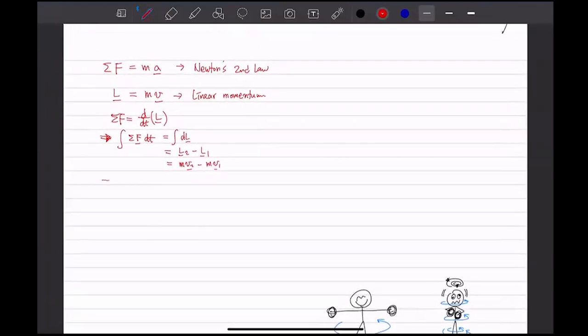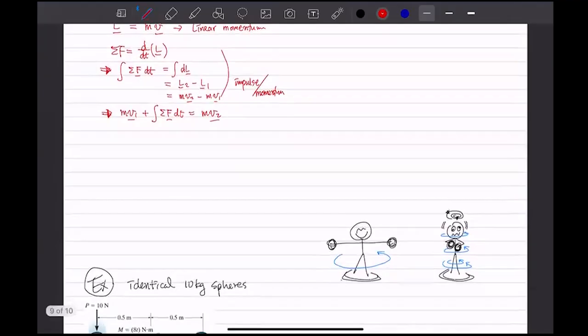So that's what we know, plus L1 equals L2, this guy, the impulse momentum kind of thing. This is impulse momentum, right?